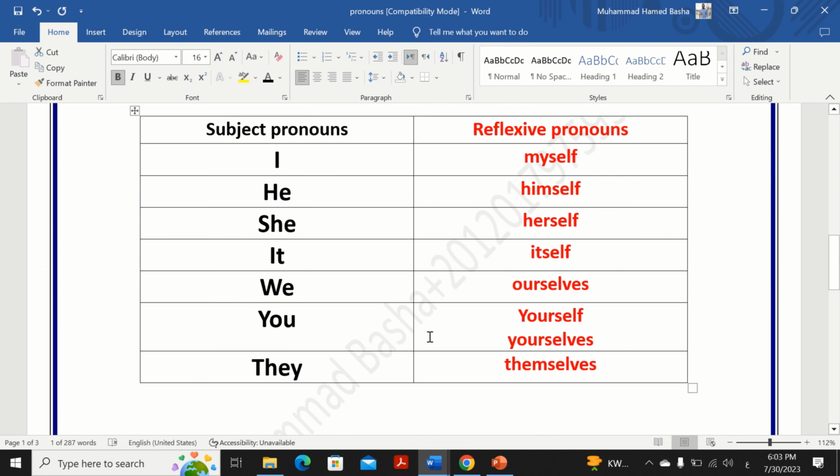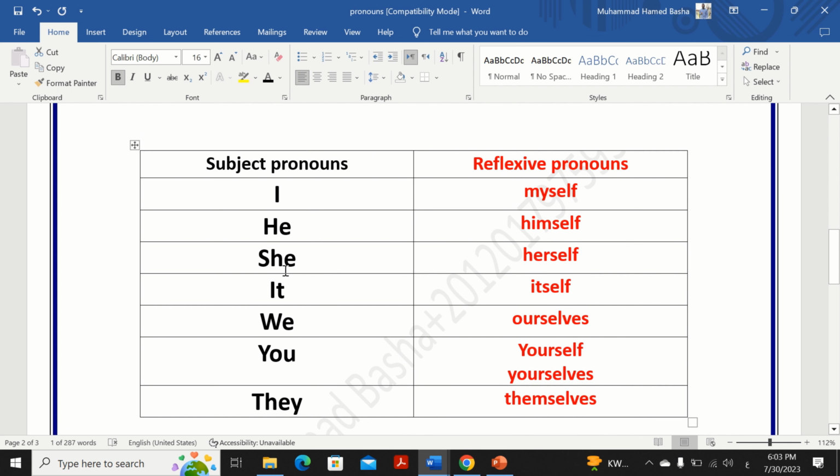In this table you find the subject pronouns and their reflexive pronouns. I, myself; he, himself; she, herself; it, itself; we, ourselves; you, yourself in the singular or yourselves in the plural; they, themselves.